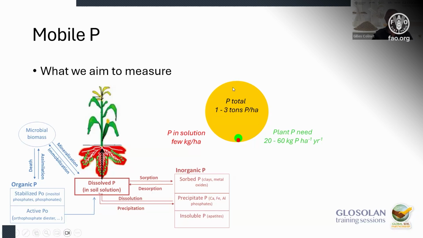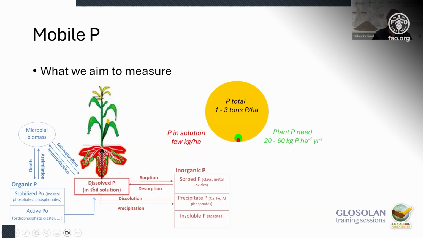If you remember this image from the other PowerPoint, the total phosphorus in the soil is about 1 to 3 tons per hectare. The plant need is 20 to 60 kilos of phosphorus per hectare per year. And the phosphorus in solution is a few kilograms per hectare.